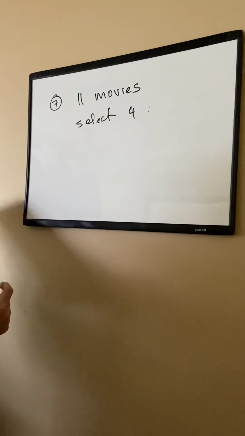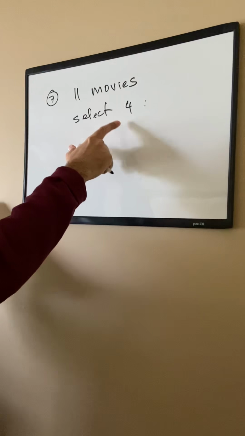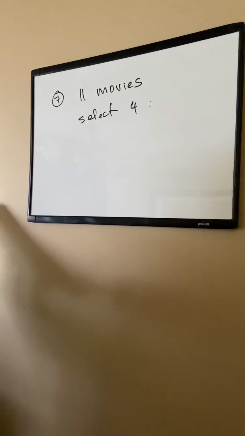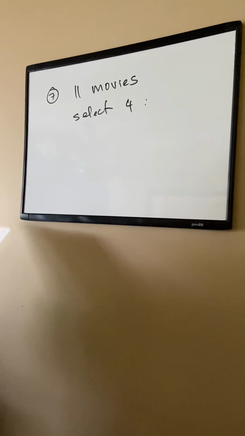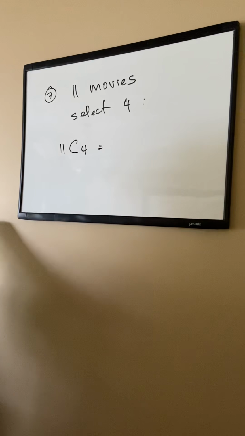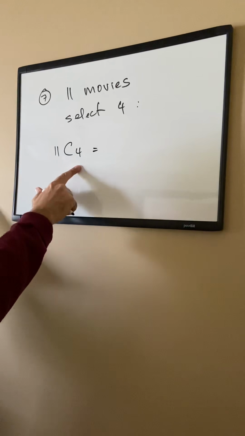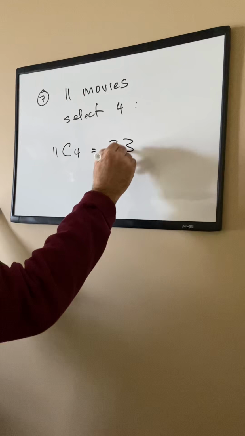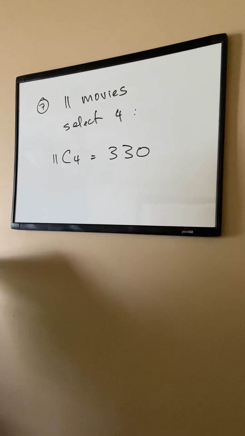We're going to choose 4 movies out of 11, and considering the order is not important, this is not going to be a permutation problem. This is going to be what we call a combination problem. So on your calculator, we're going to effect an 11 combination 4 instead of 11 permutation 4. And 11 combination 4 on the calculator will give us 330 movies. We can select 4 out of 11.